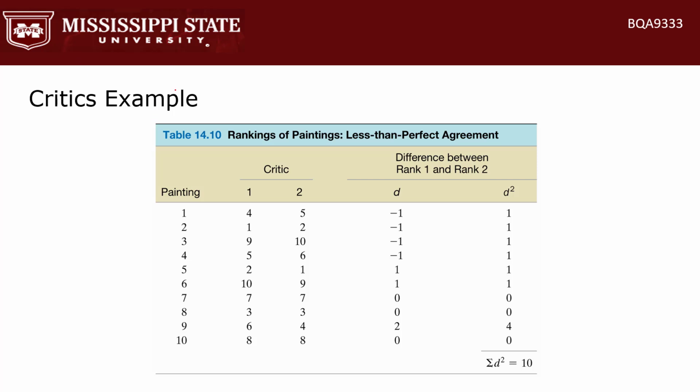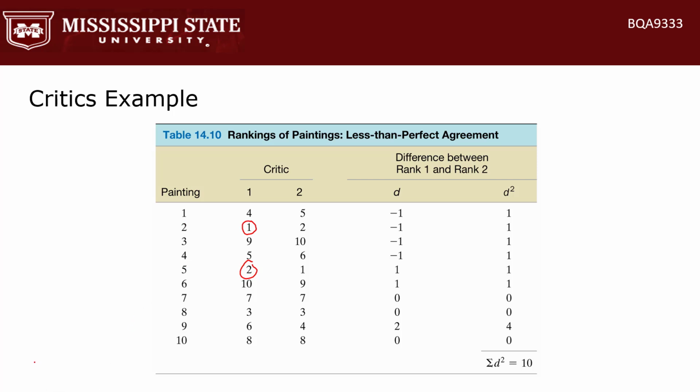Note this is an actual ranking of paintings. So the first rated one is 1, then the next rated one is 2. So critic 1 likes painting 2 the best and painting 5 the second.